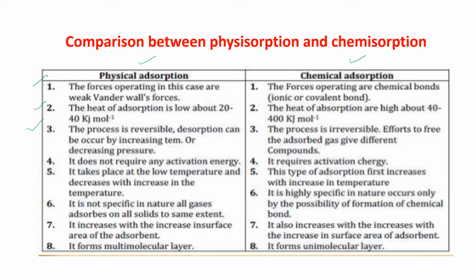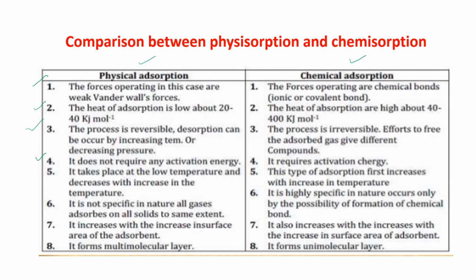Number 3, the process is reversible. Desorption can occur by increasing temperature or decreasing pressure. For chemical adsorption, the process is irreversible. Efforts to free the adsorbed gas give different compounds.